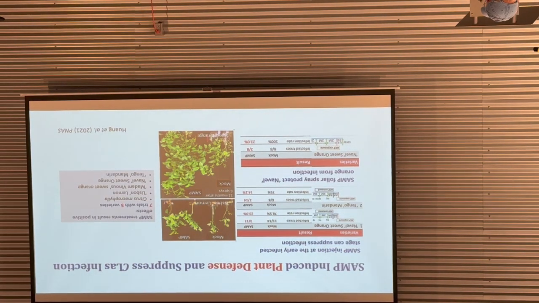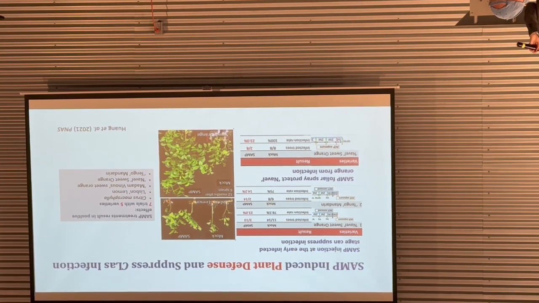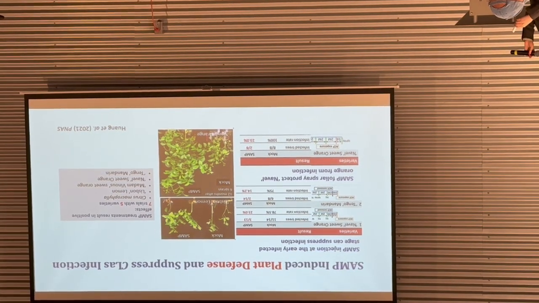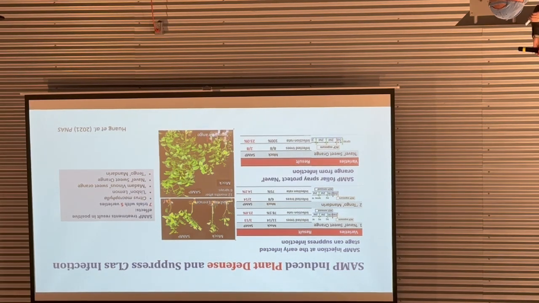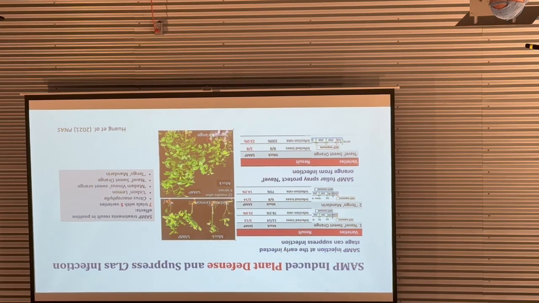And we have tested it on diseased trees and also used it to protect healthy trees. That means we inoculate the plant first and then treat it with the peptide, or we treat with the peptide and then do the inoculation with the bacteria.